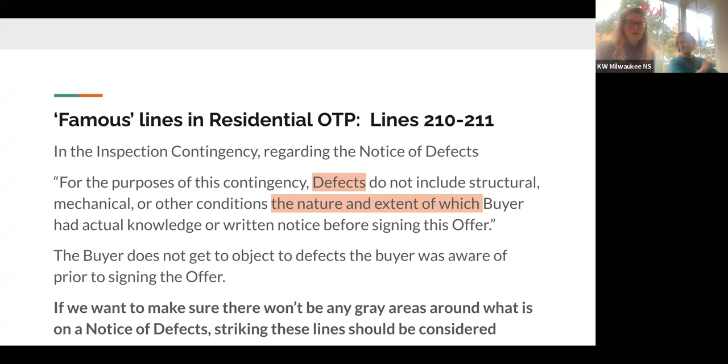So, and again, this is where it gets muddy, because a roof leak will be disclosed, but an inspection might reveal later on, and a follow-up inspection might reveal that this roof leak is due to compromised shingles.